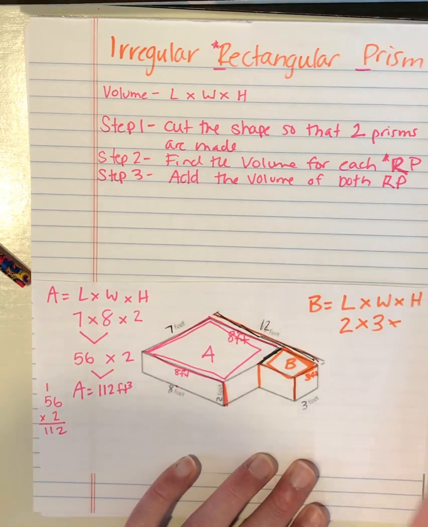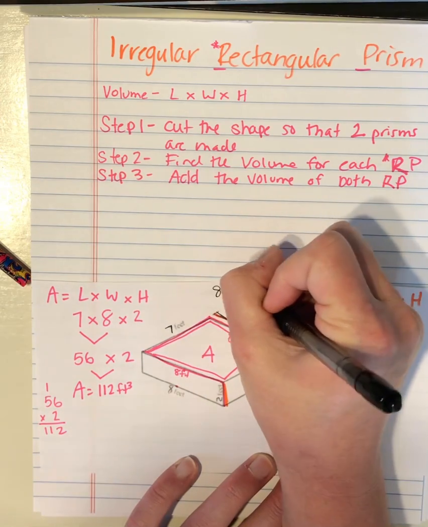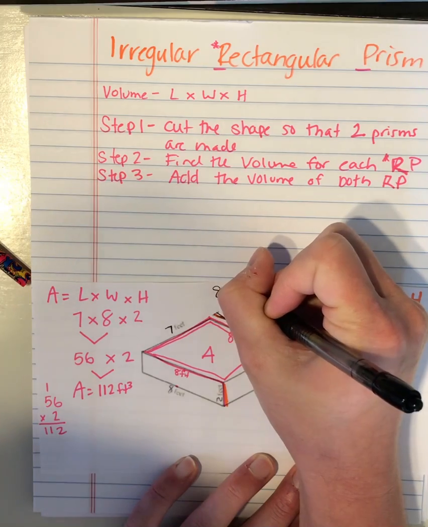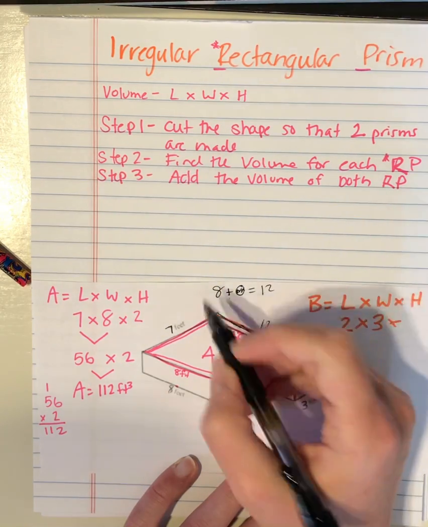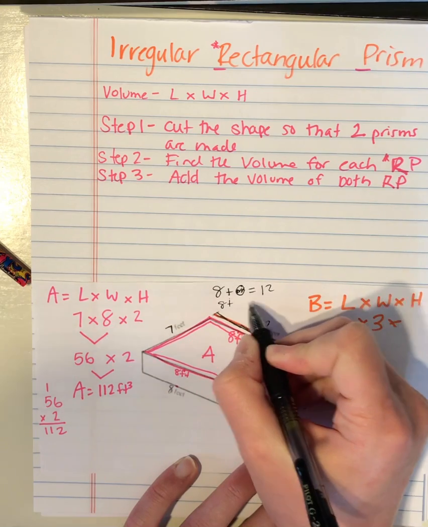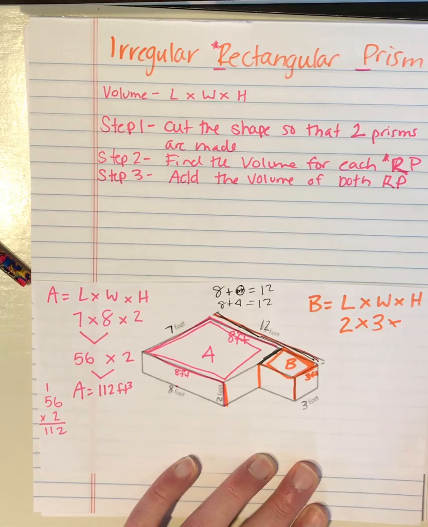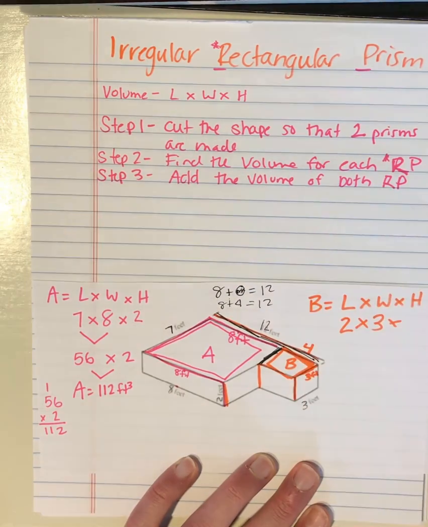So now I know my total is 12. So pink is 8 plus orange equals 12. Let's write orange so you don't think that's a 0. So 8 plus orange equals 12. So 8 plus what equals 12? That is 4. So we now know that the orange piece is 4.